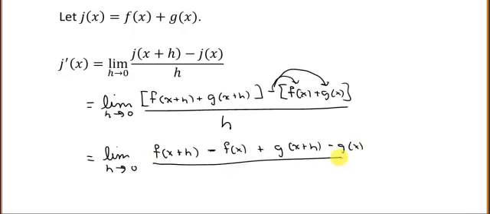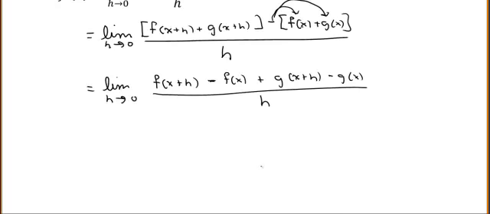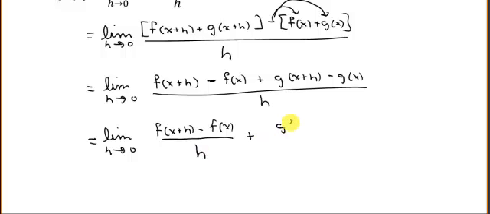And this would all be over h. Of course, I can write this as two separate fractions. I can write this as the limit as h approaches 0 of f of x plus h minus f of x all divided by h plus g of x plus h minus g of x all divided by h.